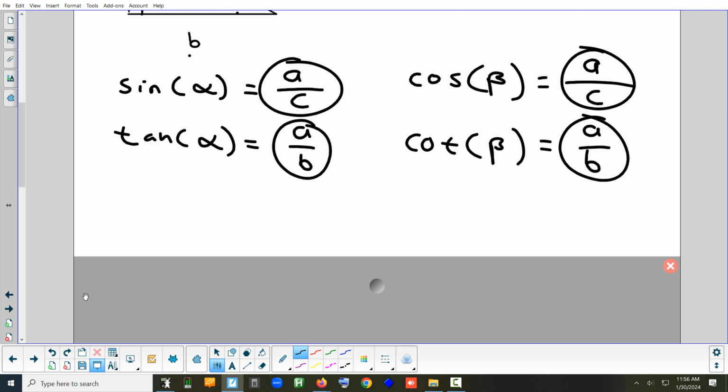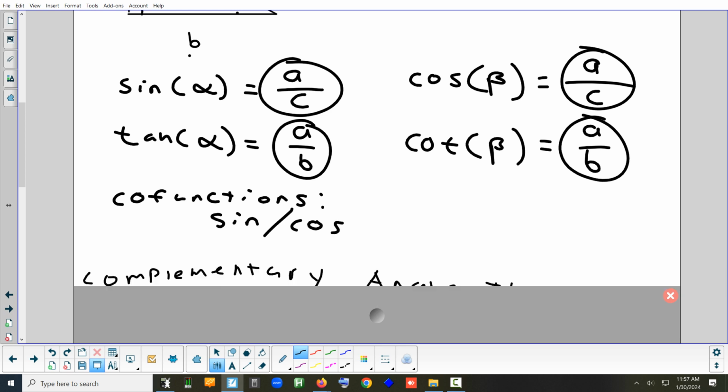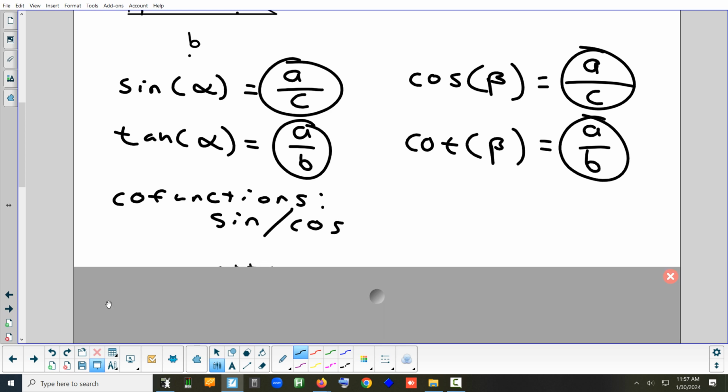Okay, so I said something earlier, I don't know if I wrote this down ever, but cofunctions give 3 pairs. What do you think the cofunction is for sine? Cosine. Yeah, put the word co in front of it, cosine. That's one pair. Another pair is secant.